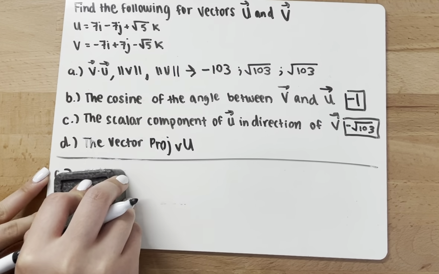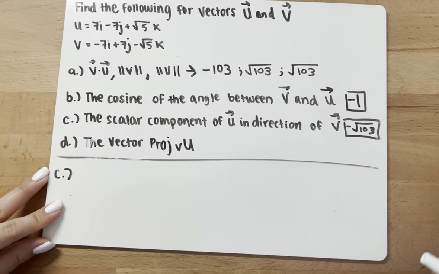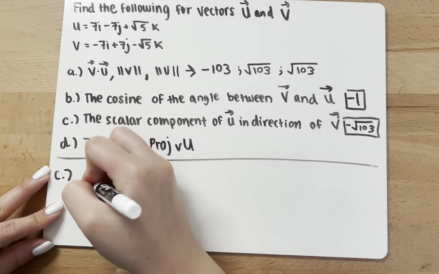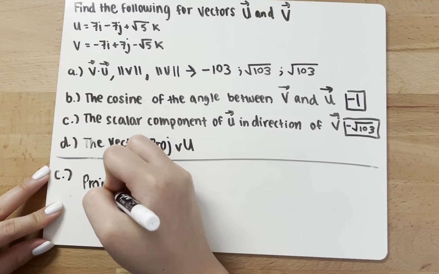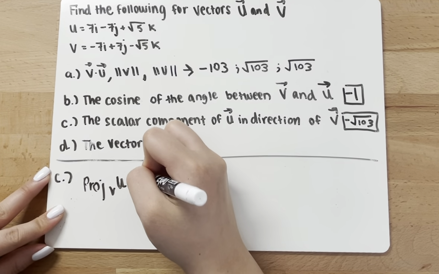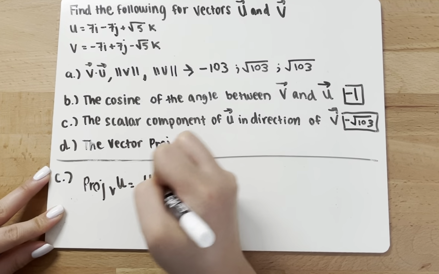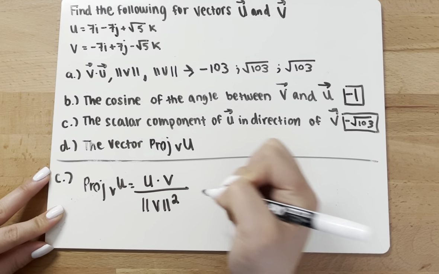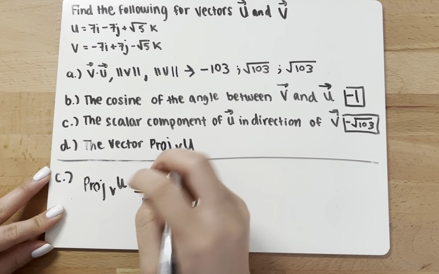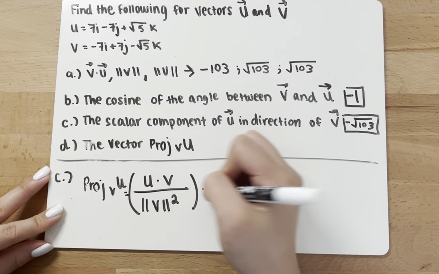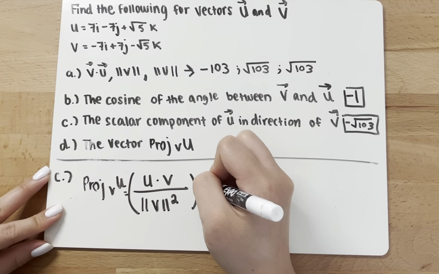Now, last but not least, you want to find the projection of u onto v. So the formula for the projection of u onto v is u dot v over the magnitude of v squared, right? All of this multiplied by v.